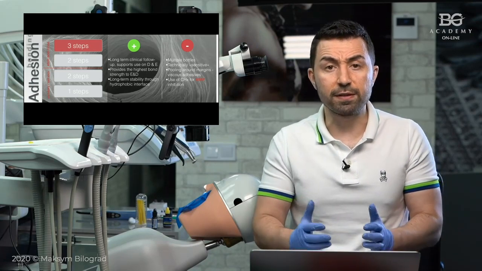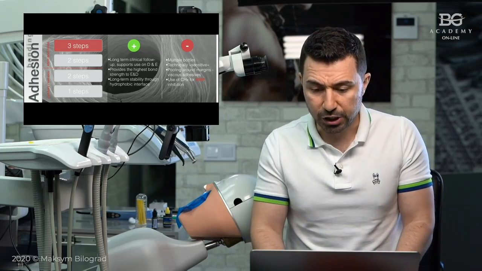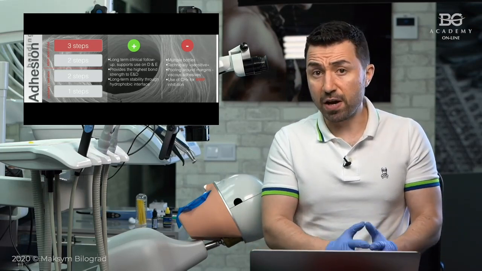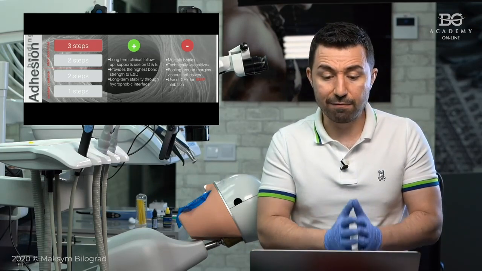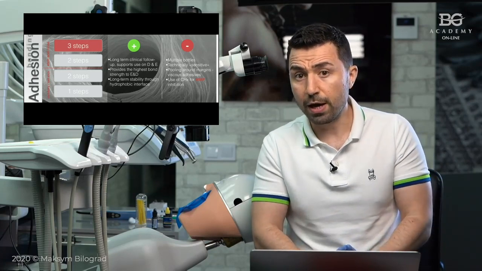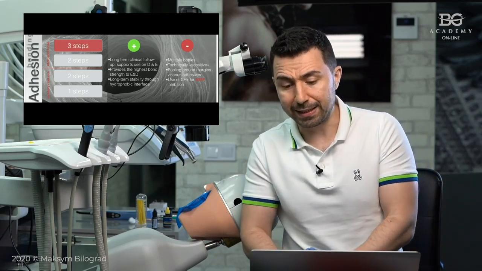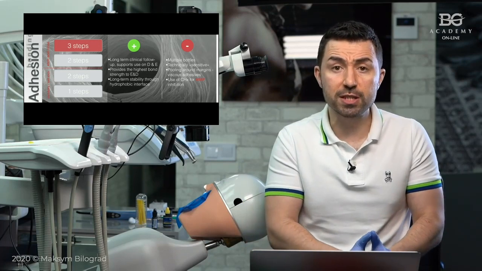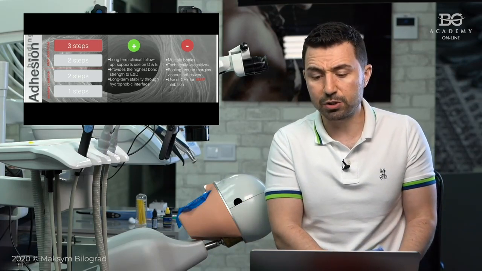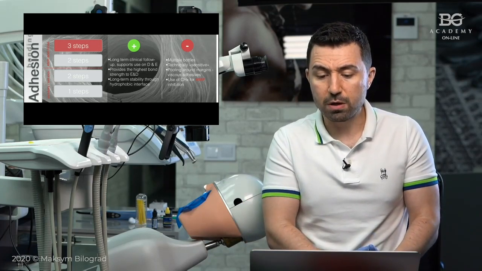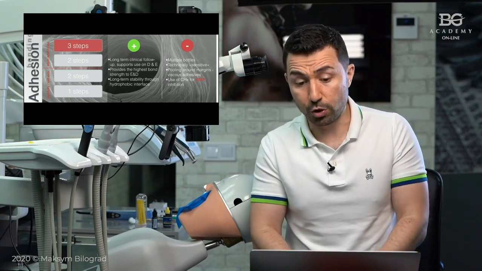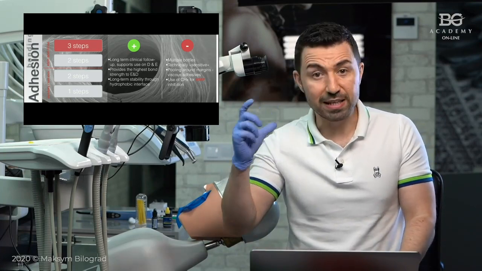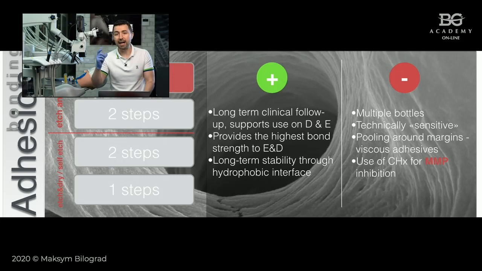They provide a very high level of bonding to enamel and to dentin. And the long-term stability of these adhesive systems comes from the hydrophobic interface, because you have a separate adhesive which is completely hydrophobic. Okay, and it gives you a very nice and long-lasting hybrid layer.